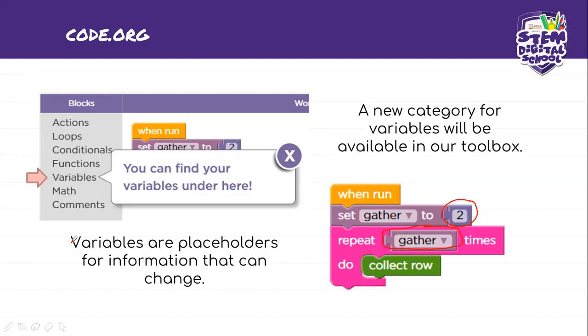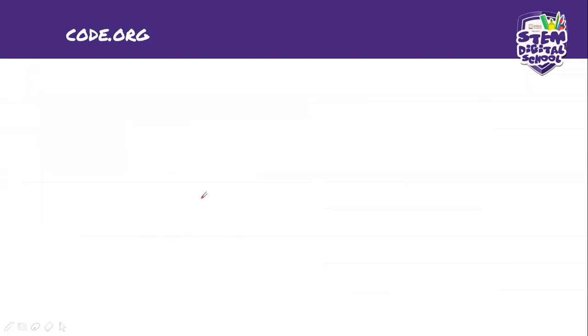Okay, guys, and then our other new block that we are going to do today, our math blocks. Okay, let me just wait for the block to come up. Why is it changing so slowly?